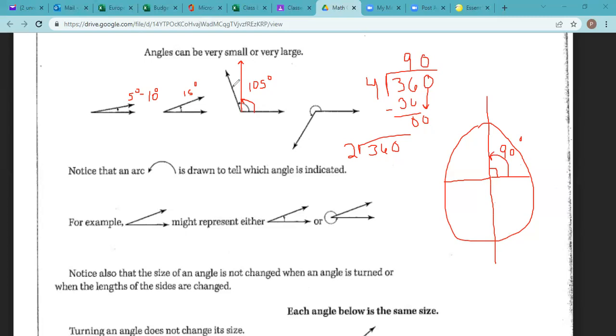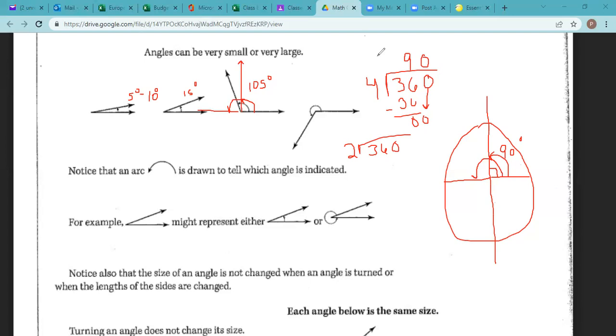Remember, if we went halfway around, that's 180. If it was anywhere near 180, it would go all the way down here. So we know it's not that big.